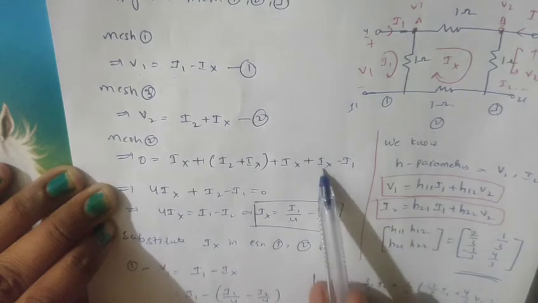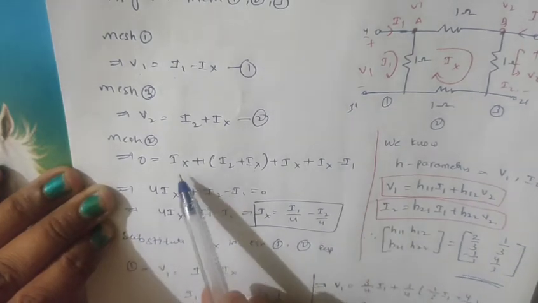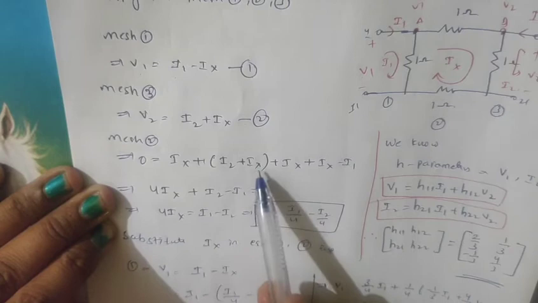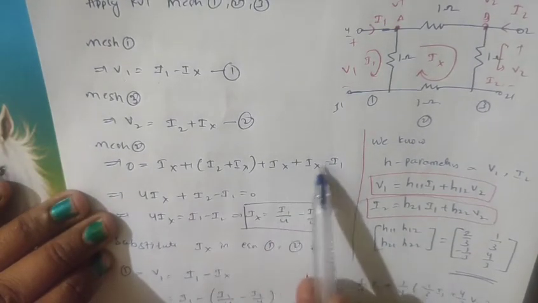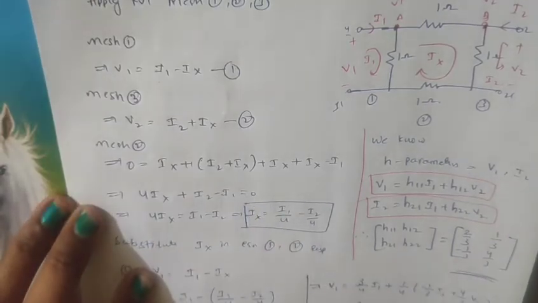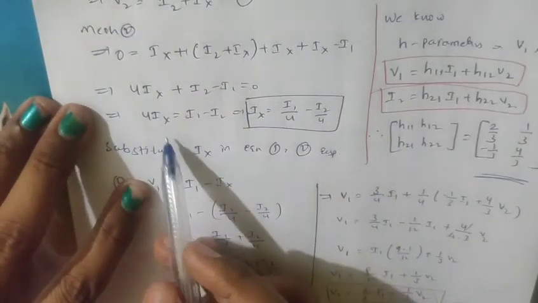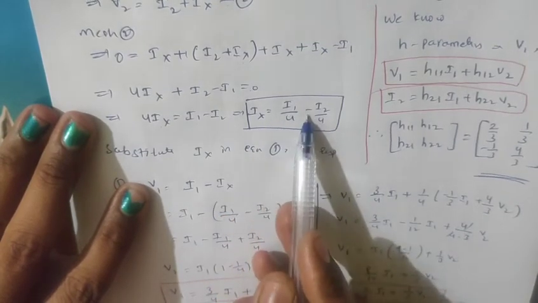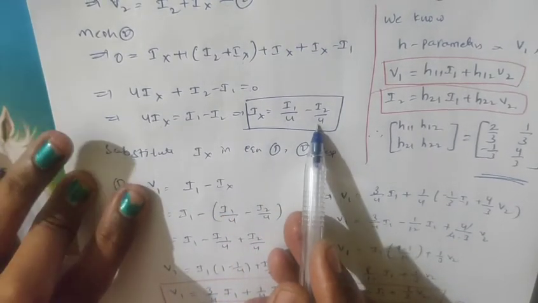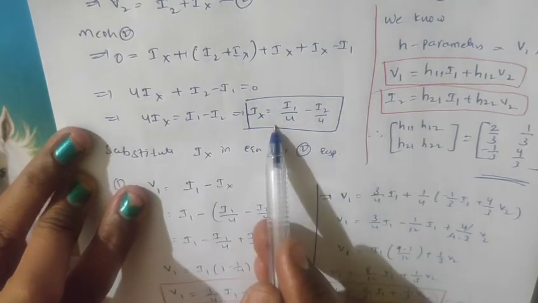From this combination I get 4 Ix plus I2 minus I1 is equal to 0. So I can write Ix is equal to 1 by 4 of I1 minus 1 by 4 of I2. Here we got the Ix value.